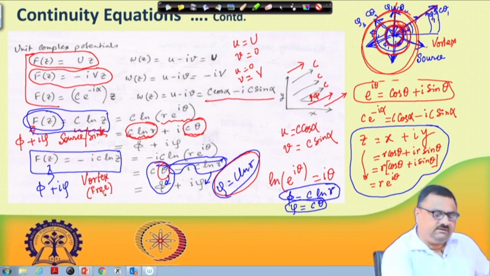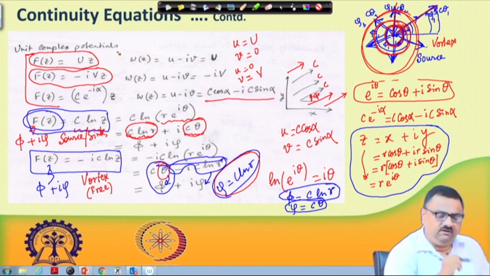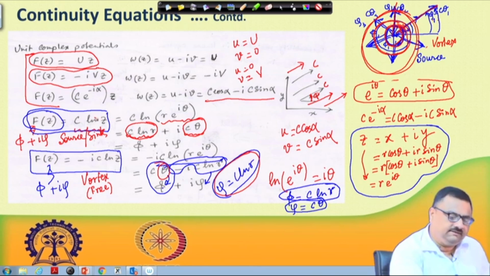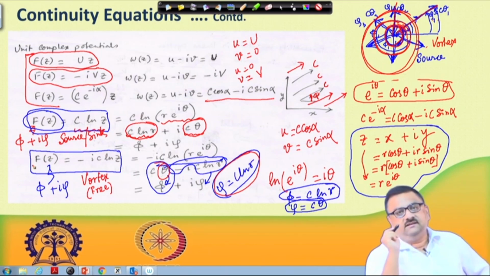So, these are the elemental flows. The first three were types of uniform flow: one horizontal, another vertical, another at an angle. Whereas this C ln z, this is the first time we saw that it is basically a source or sink, and this one here, minus i C ln z, is the equation for a vortex.